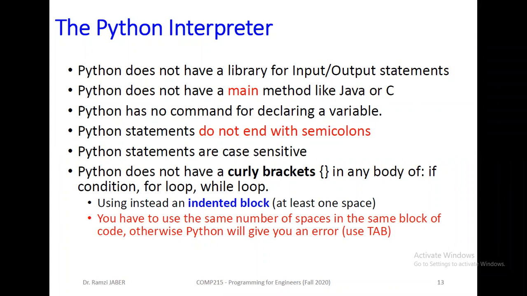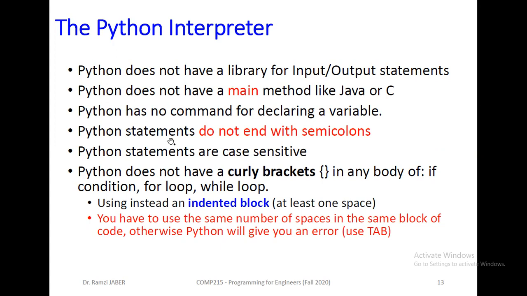In C, you must write int x, then you use x, or float x. In Python, we don't have this kind of command. Just write your variable, and depending on the value of the variable, the type will be determined. Okay, we'll see it later.